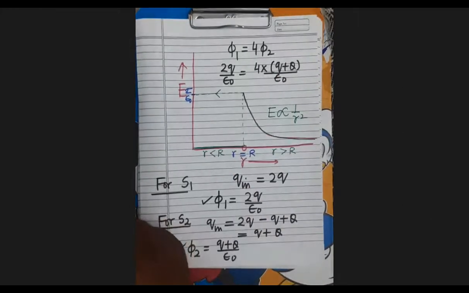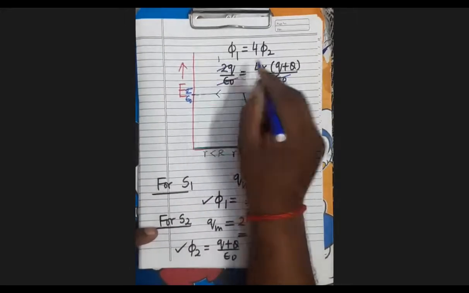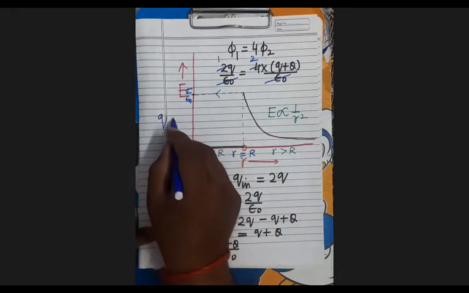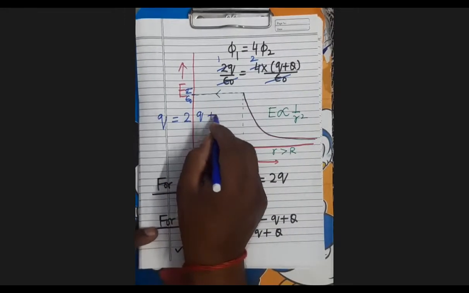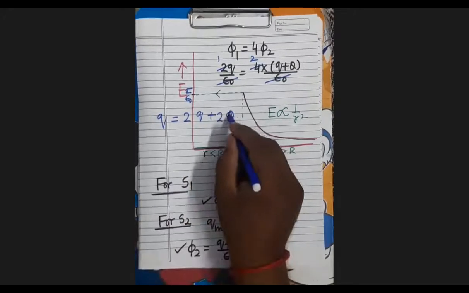So when you simplify, what will you get? Here epsilon naught will be cancelled. 2 1 जा 2 2 जा means हम यही लिख देते q equals 2q plus 2 into capital Q. Here which one is?